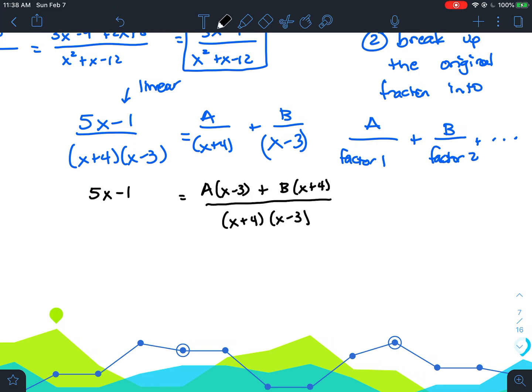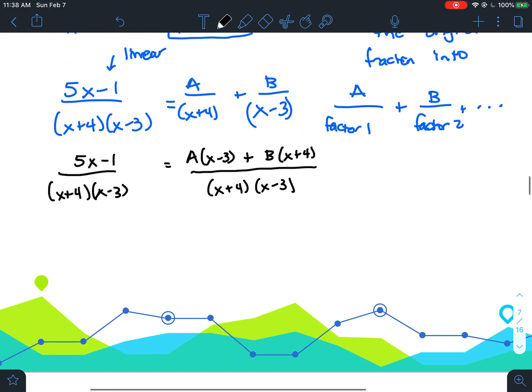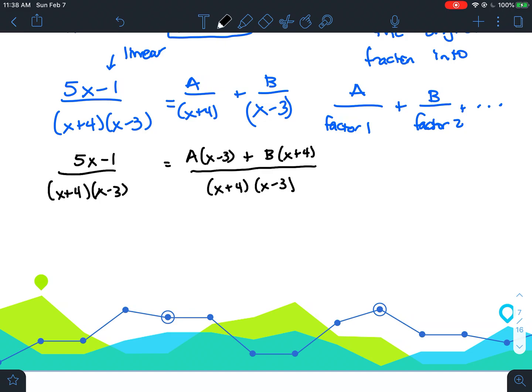Now we know that that's equal to the original 5x minus 1 over x plus 4, x minus 3. Now the two denominators are obviously equal, so we need the numerators to be equal. So I need 5x minus 1 to equal A times x minus 3 plus B times x plus 4.